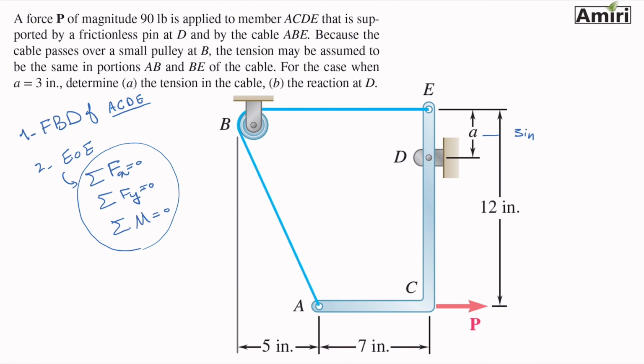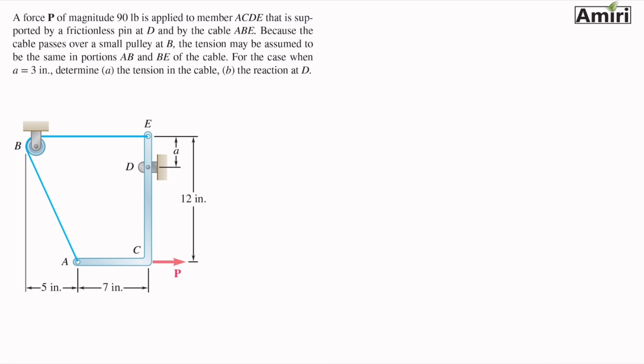So let's just start with step 1, which is drawing the free body diagram of this member ACDE. Step 1 in drawing a free body diagram is always isolate. In this case, isolate ACDE and then draw the outline of ACDE.